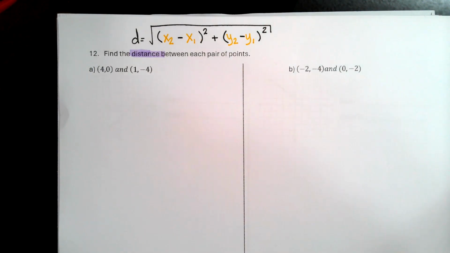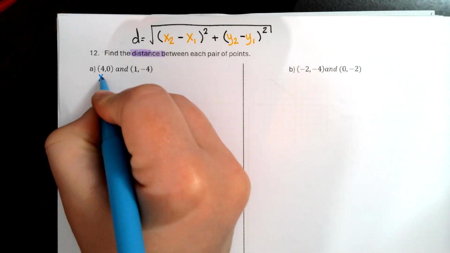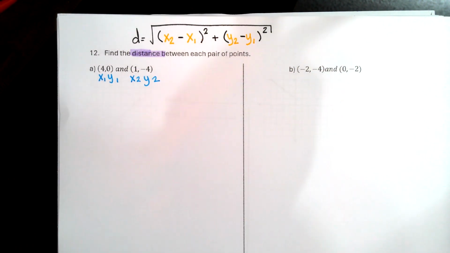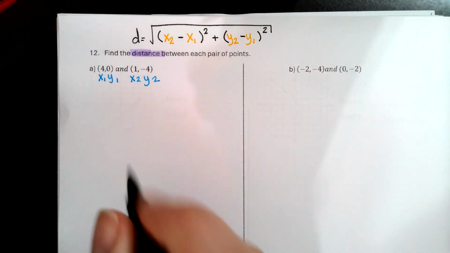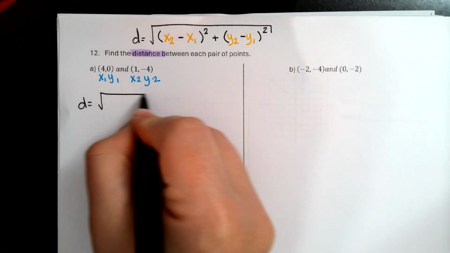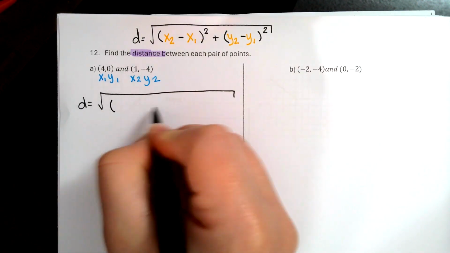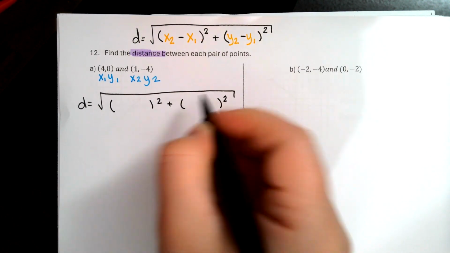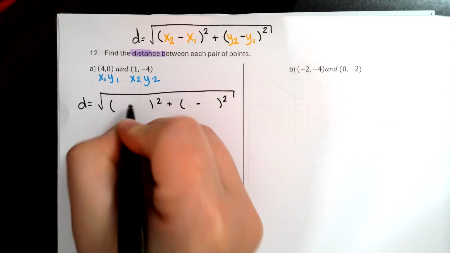Let's go ahead and label our points x1, y1, x2, y2. We're going to write out the distance formula. This time, we're going to be replacing your x2s, your x1s, your y2s, and your y1s.